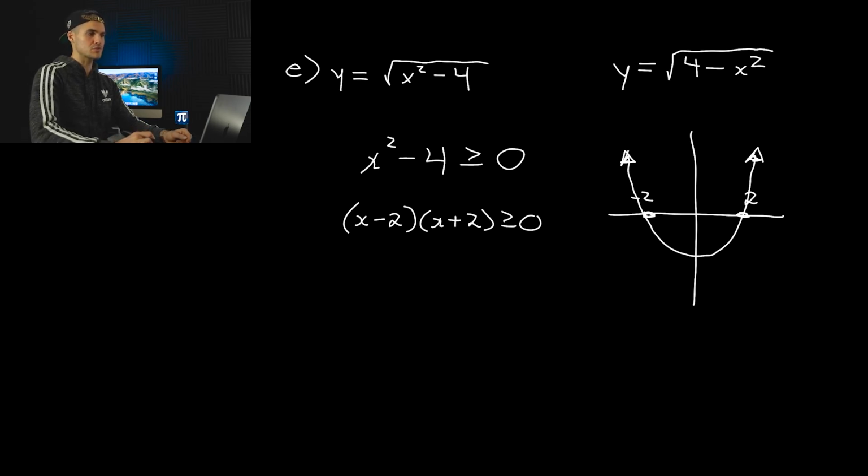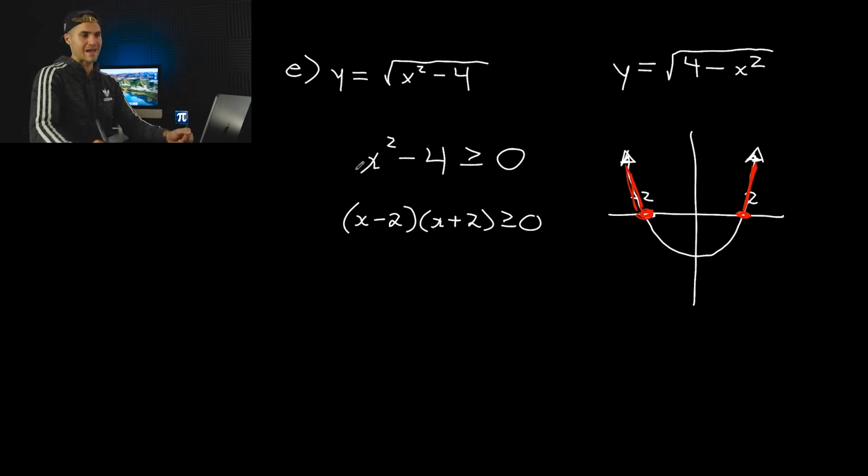It's going to equal 0 at 2 and -2. Those are the intercepts, where the y value is going to be 0. And then when is it going to be greater than 0? Well, it's going to be greater than 0 on this portion and then on this portion, and that keeps going, extending infinitely.